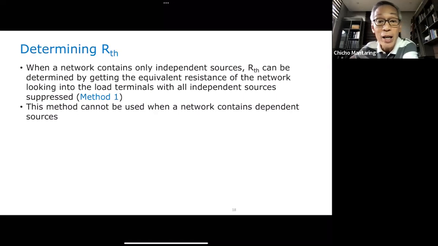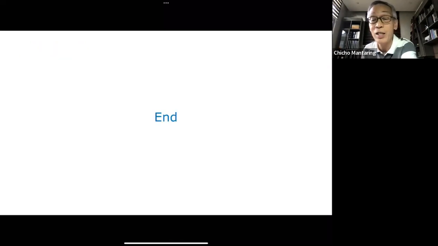But what if network A contains dependent sources? Kapag ganon, di na natin pwedeng gamitin yung method na yon. We will no longer be able to use that method of getting the equivalent resistance. There are other methods that we now have to use. And that's what I intend to take up in our next meeting. The other methods of determining RTH.